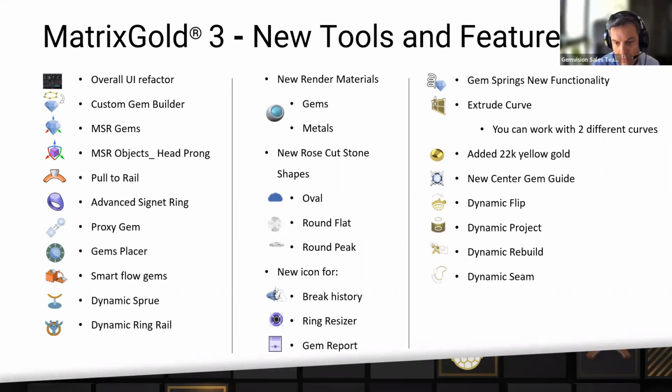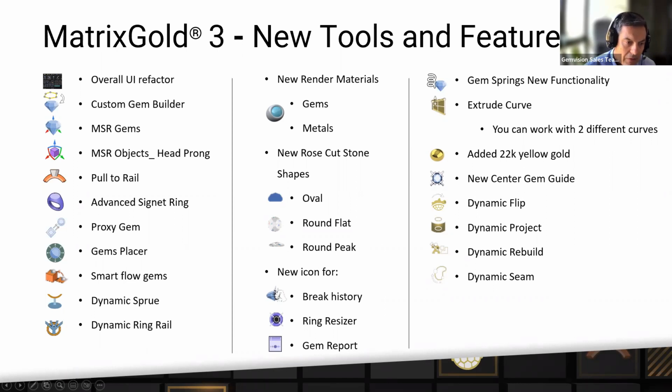But there is also a lot of work behind the scenes from the development side. Even if there are maybe 20, 30 different tools here, there are a lot of hours and a lot of effort from all the development side to make the software what we have today, the most popular software in the jewelry trade. So very happy where we are now with MatrixGold.